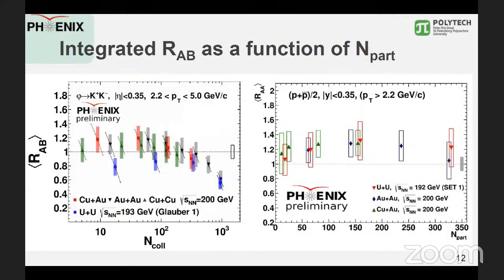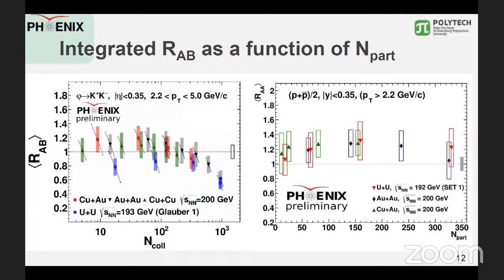This slide shows integrated phi meson and proton R_AB as a function of the number of participants. Both for protons and for phi mesons, integrated R_AB are in agreement in different systems at the same N part values, despite the fact that uranium-uranium is a collision of highly deformed nuclei, copper-gold is an asymmetric system, and gold-gold and copper-copper are symmetric collision systems.